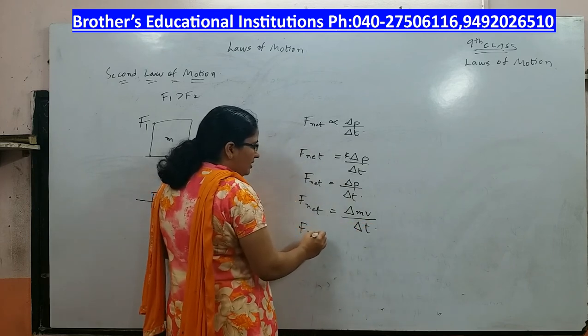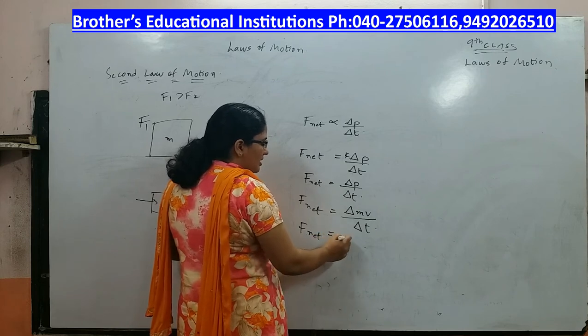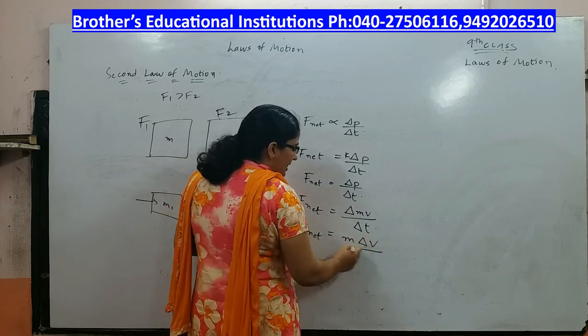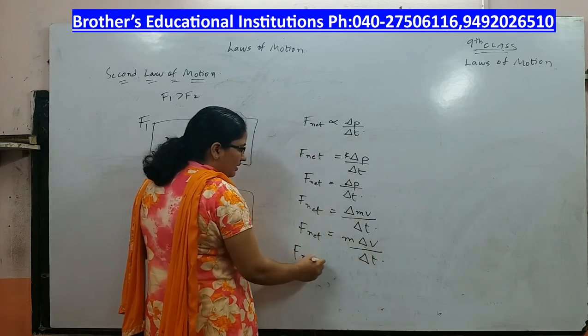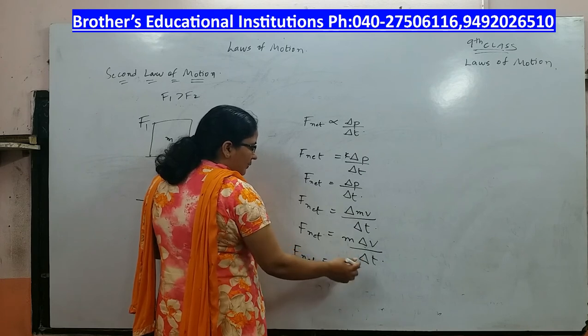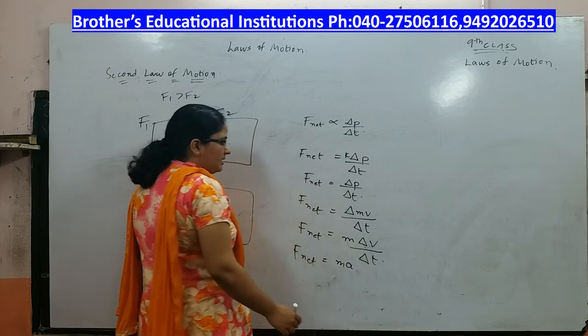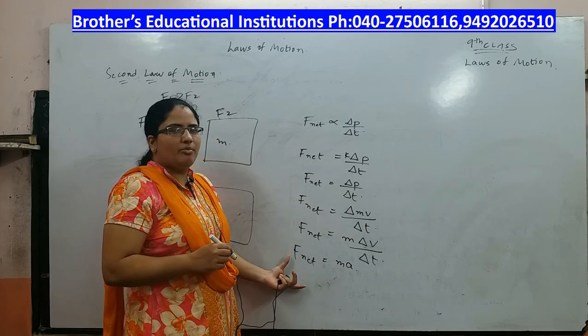We bring m outside because P is equal to m into v, so F net is equal to m into delta v by delta t. Change in velocity per time is acceleration. So F net is equal to ma. This is Newton's second law of motion.